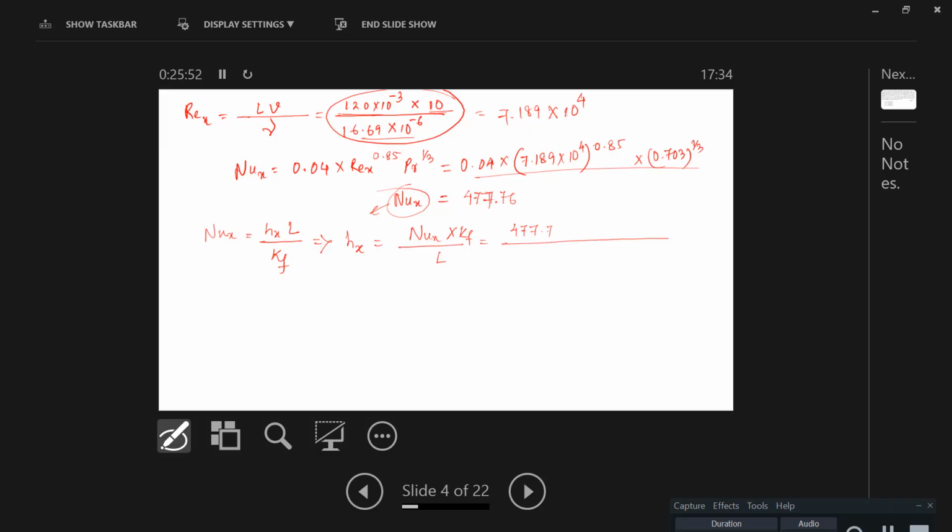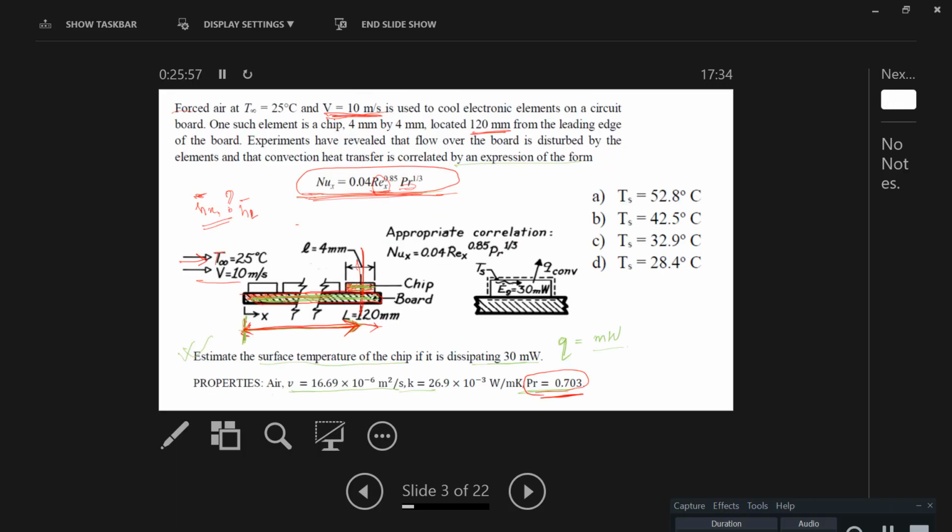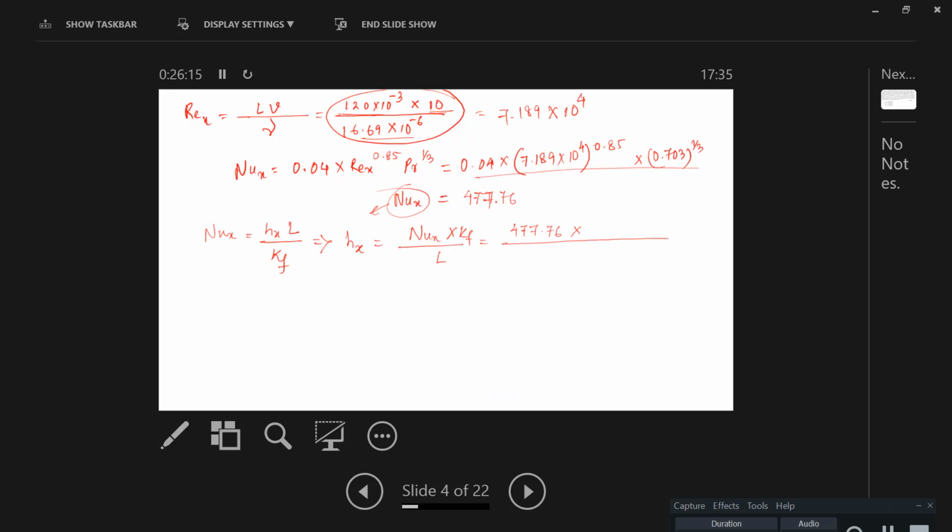So Nusselt number is 477.76 into k_f. These are the properties of the air. So air conductivity is given as 26.9 into 10 to the power minus 3 watt per meter Kelvin. So this is also in SI units. This L is again 120 millimeter, so in meters it is 120 into 10 to the power minus 3.